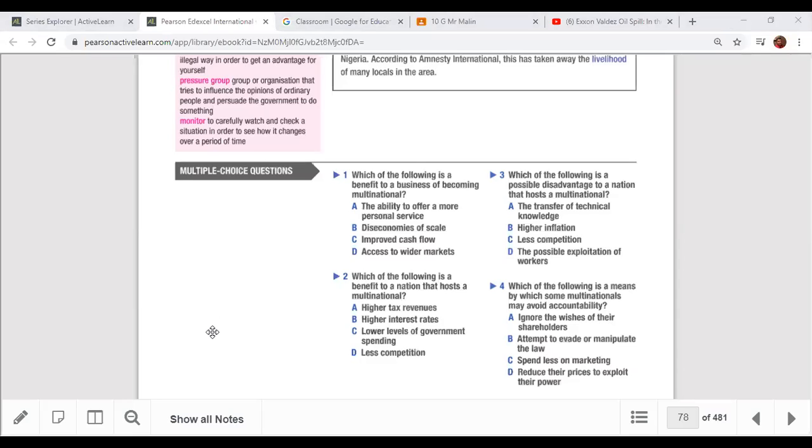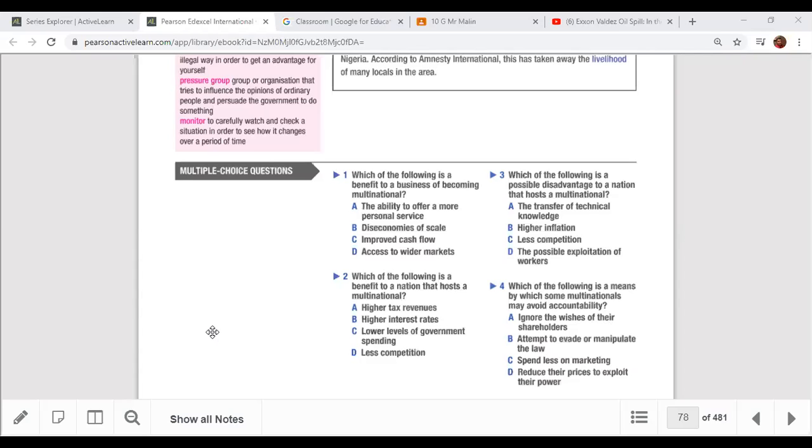Options: ignore the wishes of shareholders, attempt to evade or manipulate the law, spend less on marketing, reduce their prices to exploit their power. What is a way of avoiding their accountability?